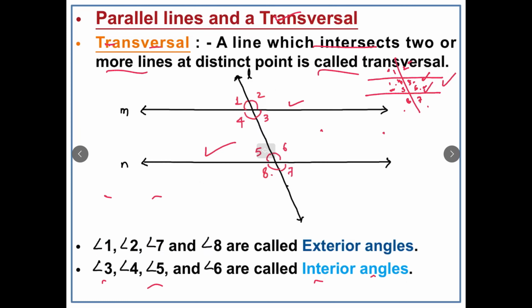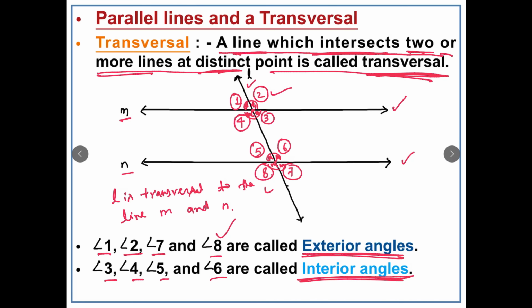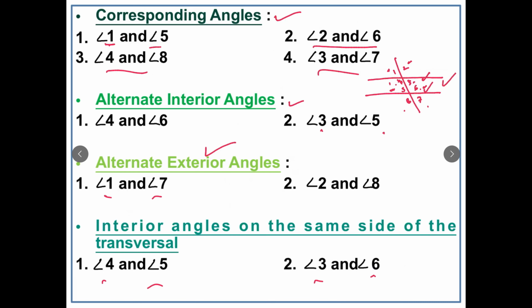So we have a total of 6 types of angles. First is exterior angles, which are outside, then we have interior angles which are inside the parallel lines, then we have corresponding angles, which are written here. We have 4 pairs of corresponding angles, then alternate interior angles, we have 2 pairs, which are 4 and 6 and 3 and 5.